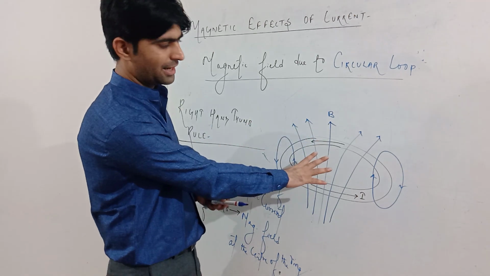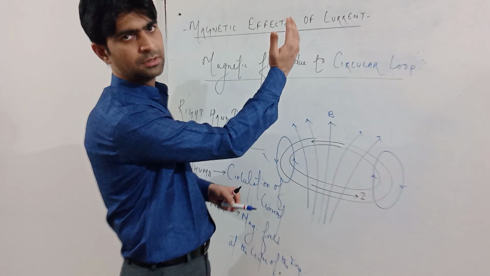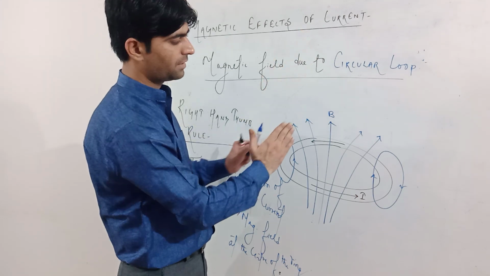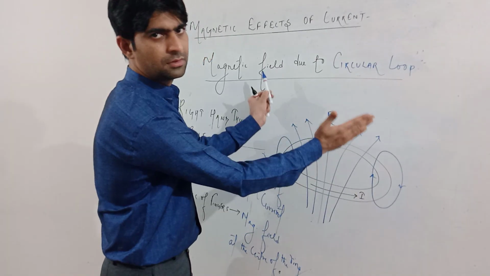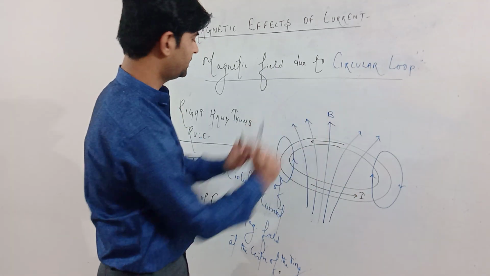So the pattern of magnetic field is straight at the center. When we move away from the center, these are going to curve, as they bend more and more.